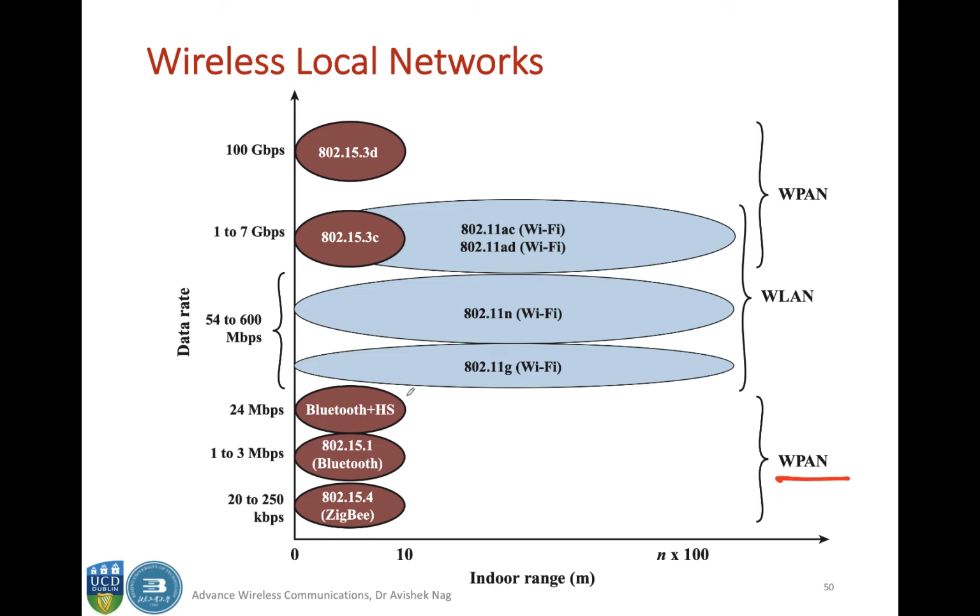So you have Bluetooth here, Bluetooth high speed is also here, and then 802.15.3, which right at the beginning of this lecture video, as it was told that the work went in two directions.